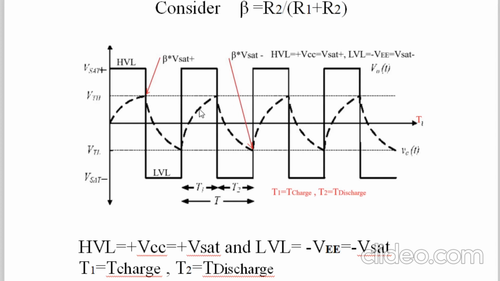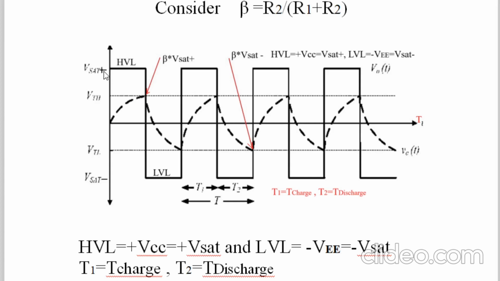T charge: from where to where does the capacitor charge? Only in the beginning it charges from 0 to 6, but later on it always charges from -6 volt to +6 volt. So T charge is here, and whenever the capacitor is charging from -6 to +6, remember that at the output HVL is maintained. In the beginning, when the capacitor was discharged, the output of the op-amp we considered as HVL, because the voltage across the capacitor was 0 volt, so the inverting voltage was 0 volt.